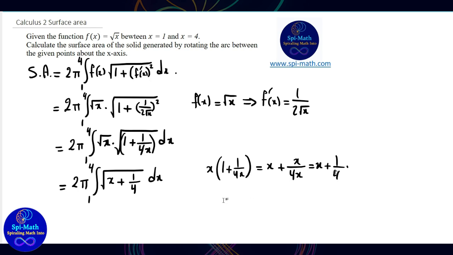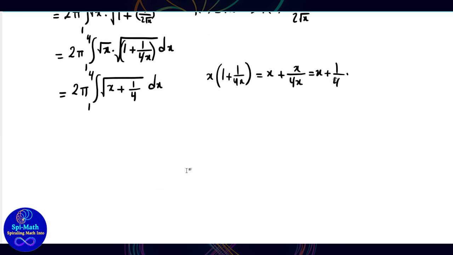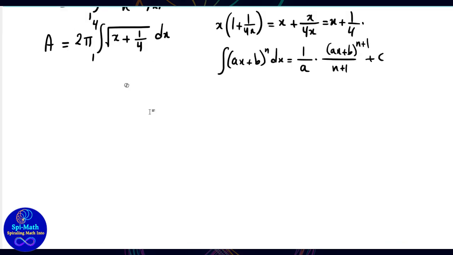There are two ways to solve this question, either by using the direct formula, which tells us that the integral of any linear function to power n, if we have ax plus b to power n dx, this will give you 1 over a times ax plus b to power n plus 1 over n plus 1 plus c.